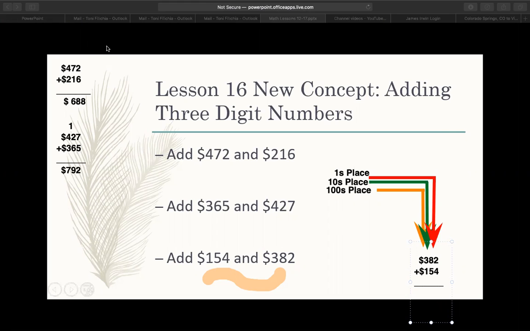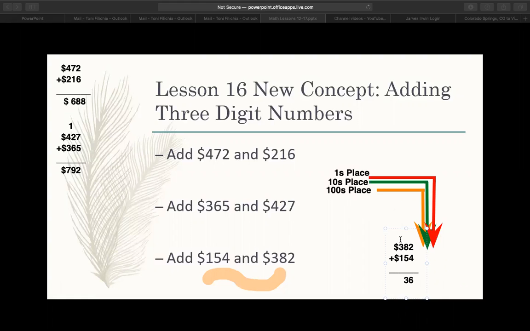Oh, I have to move my little box up. You can't see it. 2 plus 4 is 6. And 8 plus 5, looking in my tens place. Eight plus 5 is 13. So we would write my 3 in the tens place.